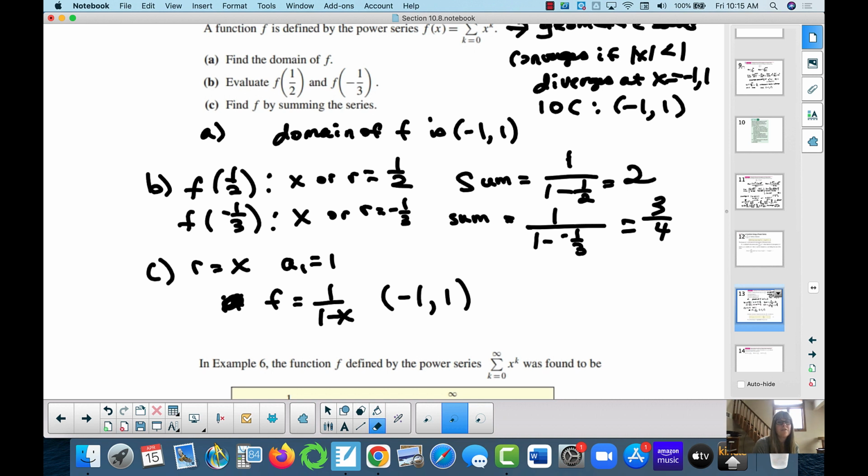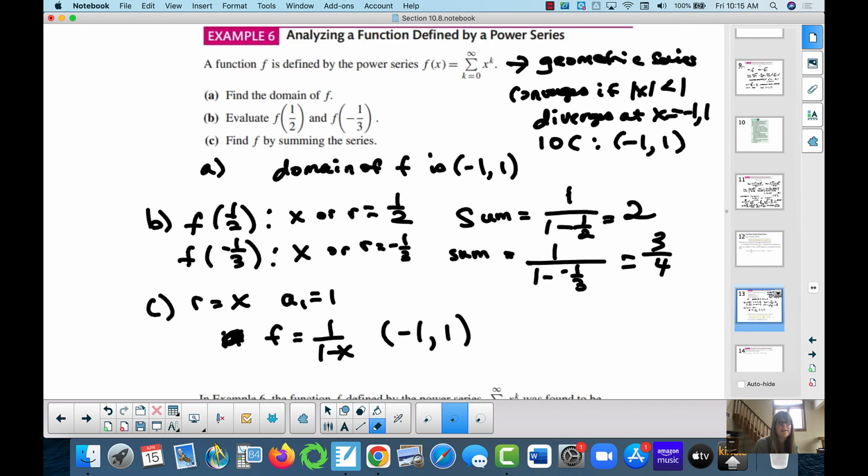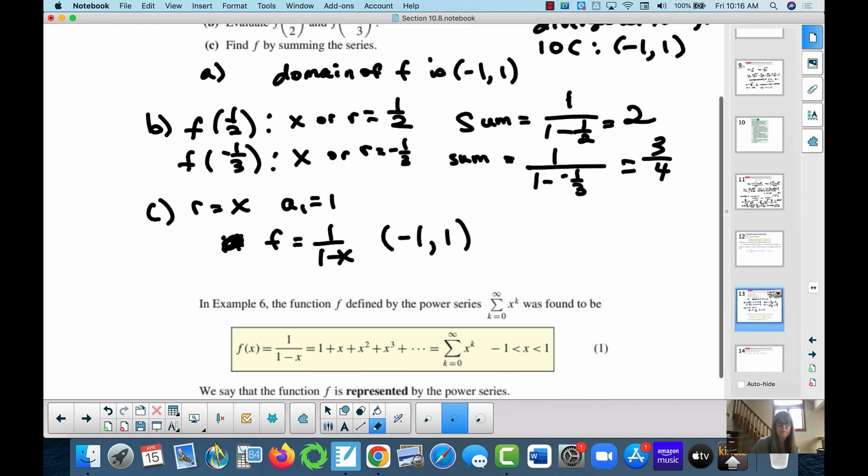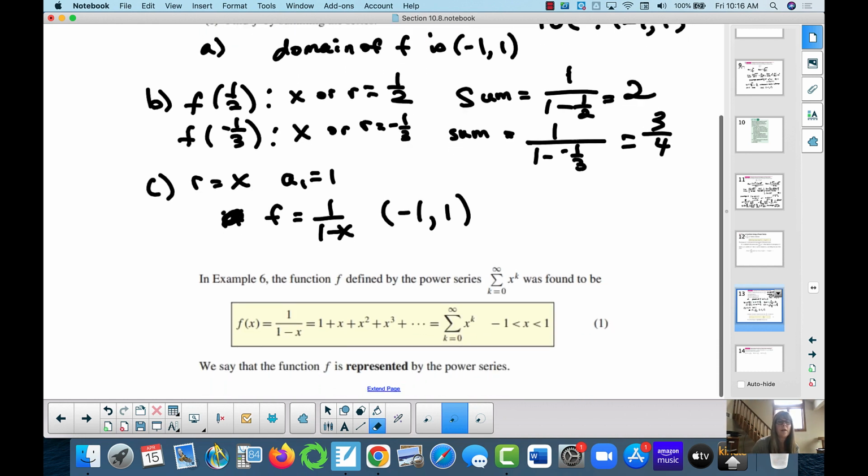So now we have defined what f of x is as a function of x, with a domain between -1 and 1. So what we're saying is this function, 1 over 1 minus x, is represented by this power series.